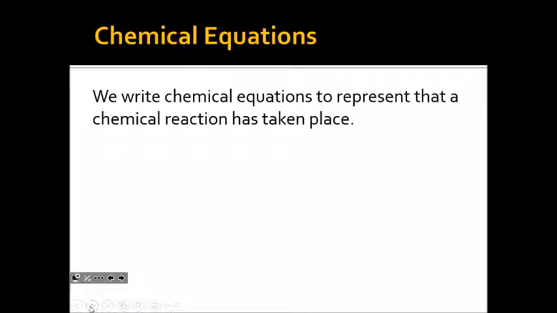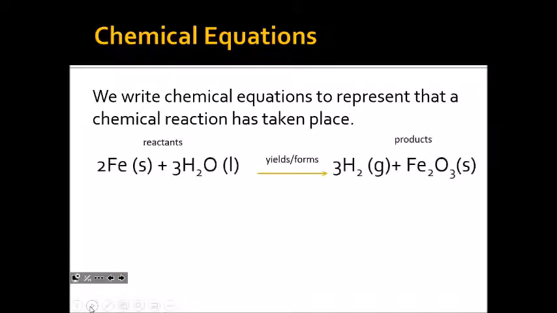All right, so we write chemical equations to represent the chemical reaction that takes place, like before here, showing the reactants. Iron is a solid metal. And we identify lots of our state symbols based off of how they exist at normal conditions.